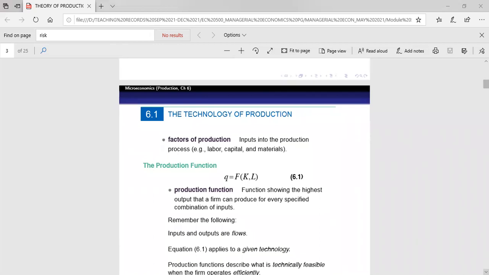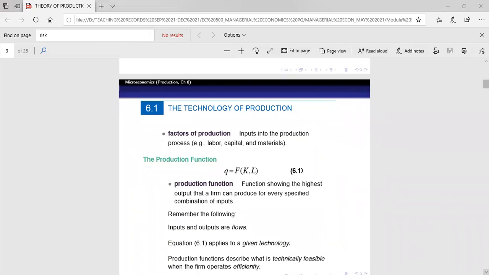So the factors of production here, when we talk about factors of production, we are basically talking about inputs in the production process, what we use in the production process as inputs. For example, labor is an input, capital is an input, raw materials are an input in the production process, right?